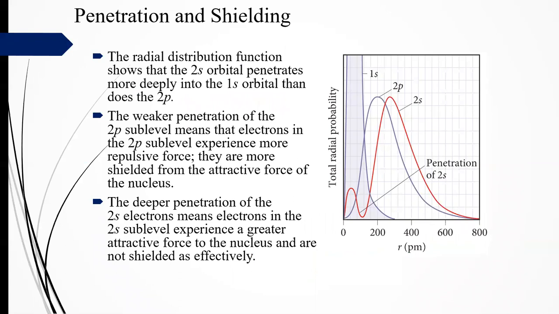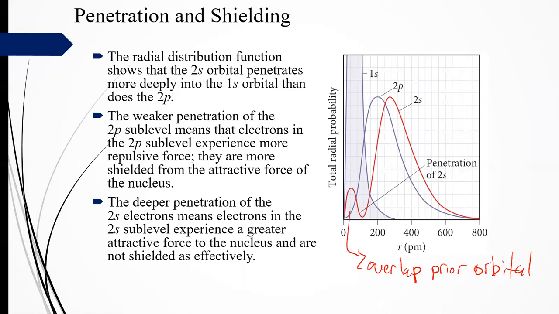Penetration is basically how far the shape of those electrons, their probabilities, can exist where they overlap with a prior orbital. You can see that the s penetrates a lot more in there compared to that of the p.